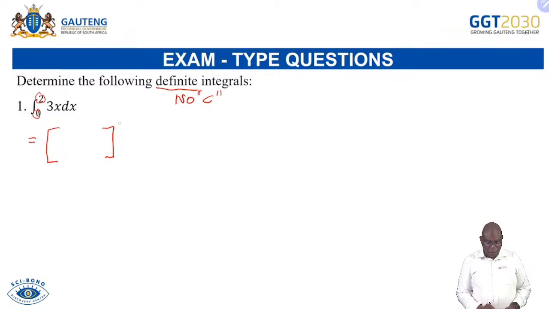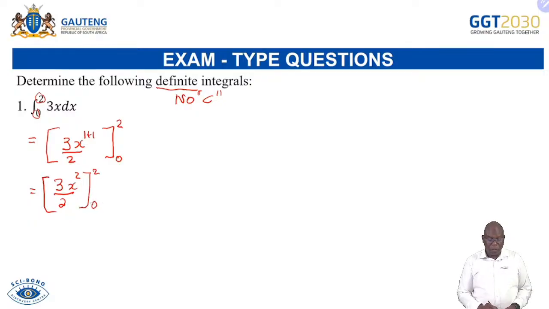So in this case here, we're having a 2 and a 0. Let's integrate this one. So it's 3x to the power 1 plus 1 all over 2. So I'm going to have 3x squared all over 2 with that 2 and a 0. Am I done?